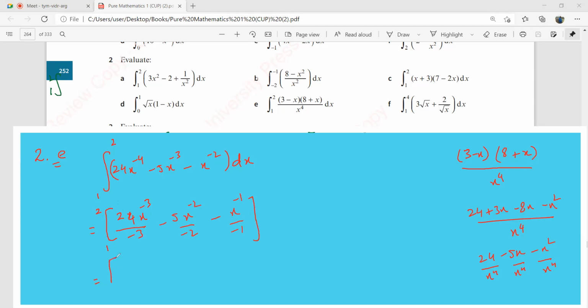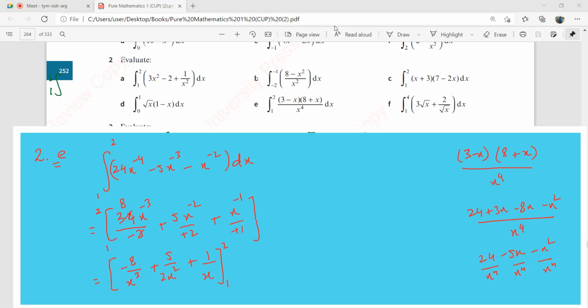You see that here you might overlap these limits, so I'll be writing the limits to the right this time. This one is going to be minus 8 over x cube. This one is going to be plus 5 over 2x squared. This one is going to be plus 1 over x. Try to have the positive powers on x before you go on to apply the limits.